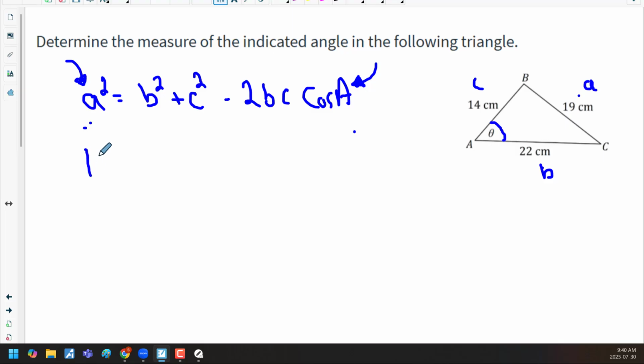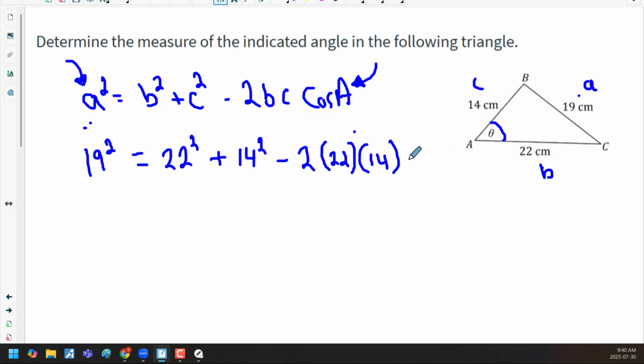So 19 squared equals 22 squared plus 14 squared minus 2 times 22 times 14 cos, and we don't know what capital A is, but we know it's theta. It's our unknown angle. Now you're just plugging in these numbers.